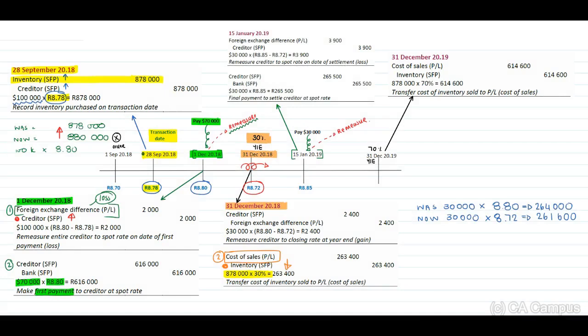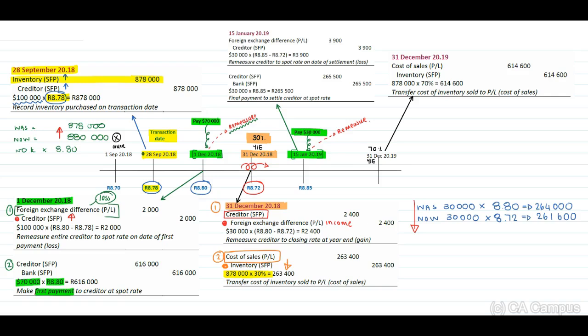It is now 261,600, and there is a decrease. When our creditor decreases, we have to debit our creditor and credit our foreign exchange difference, and this will now be an income, and this is a difference of 2,400.